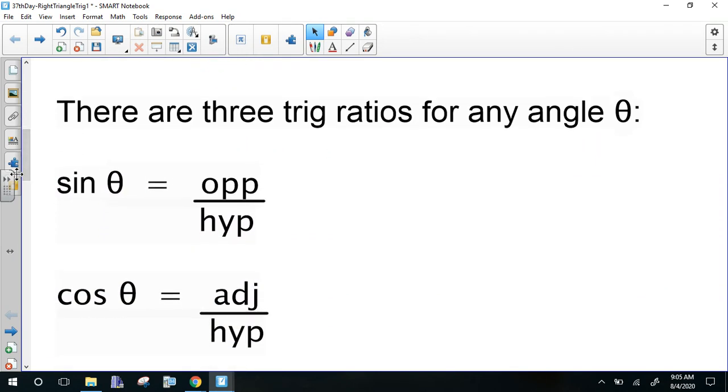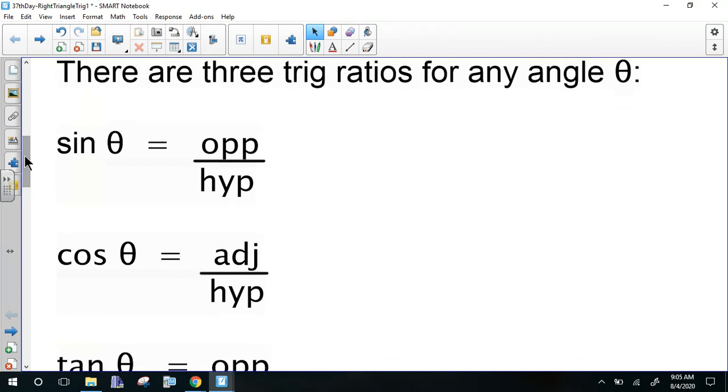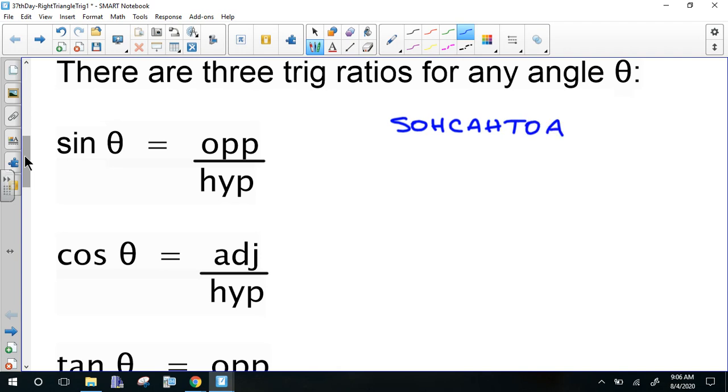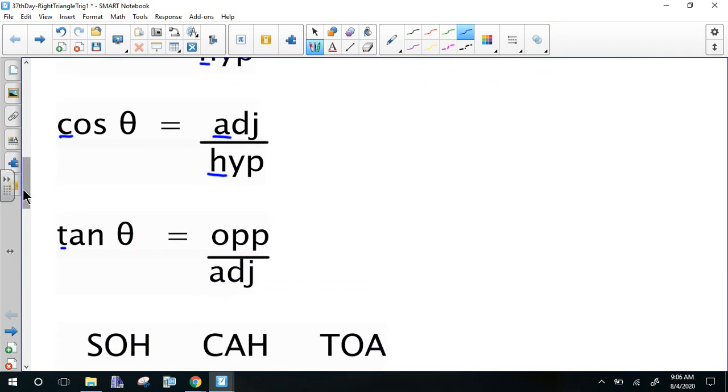There are three trig ratios for any angle theta. You might have heard of SOHCAHTOA. Sine is opposite over hypotenuse, cosine is adjacent over hypotenuse, and tangent is opposite over adjacent.